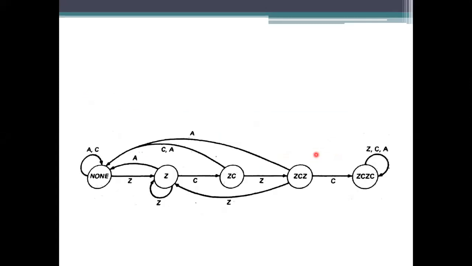If we are reading the string or generating or detecting, we are passing the input to this one. If you give the correct input, it will reach the final state. If you do not give the correct input, it will be released into the initial state.